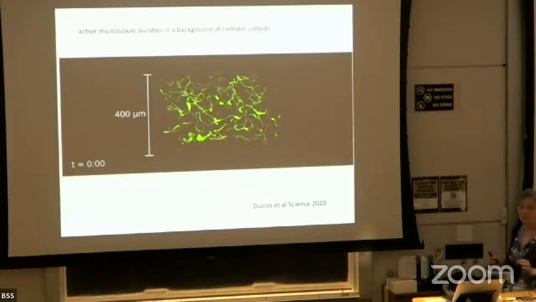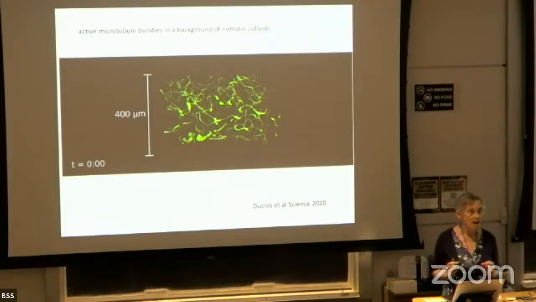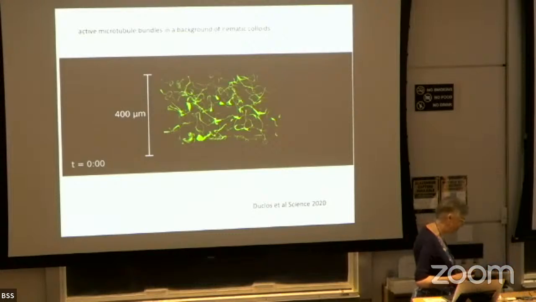And of course, in 3 dimensions, it's very much harder to actually image what's going on. With the bacteria as well, I showed you a 3D picture, but again, that's really quite recent because of the difficulty. It's much harder to image things in 3D than 2D. And for theorists, that's great because it's so much easier to do the simulations in 2D.